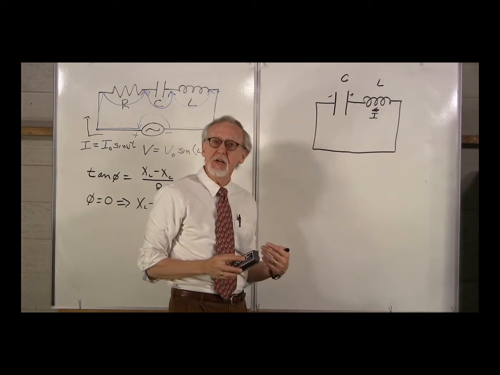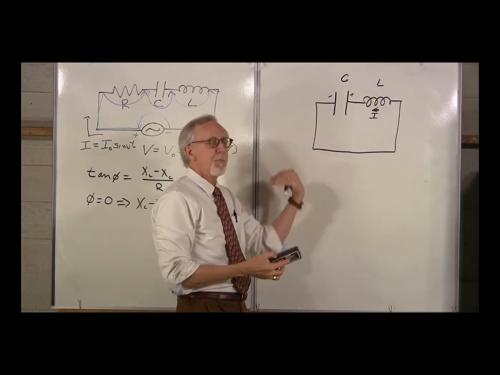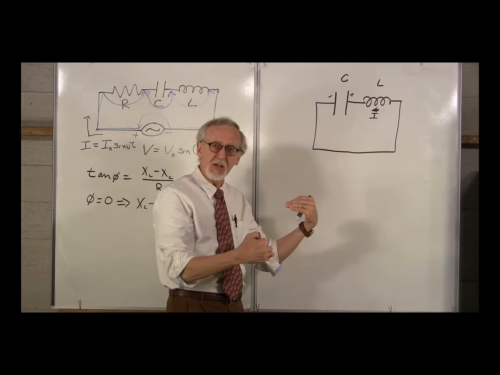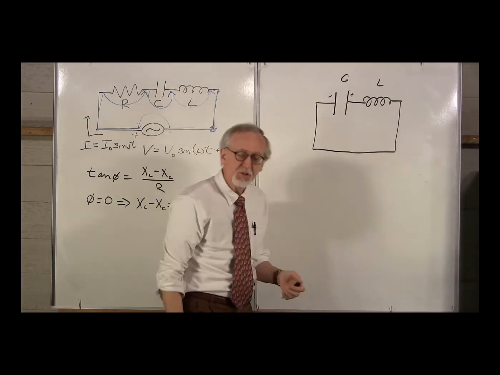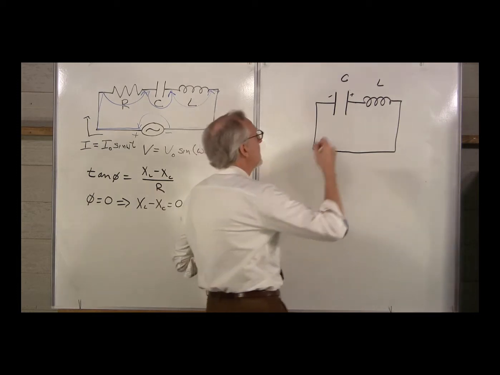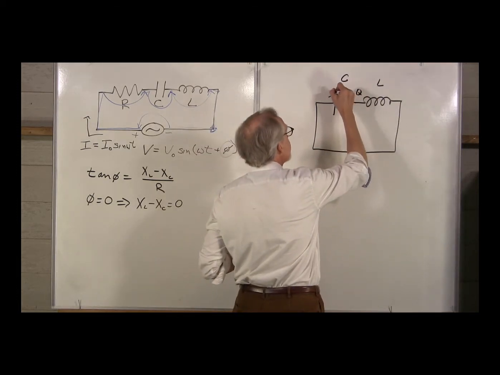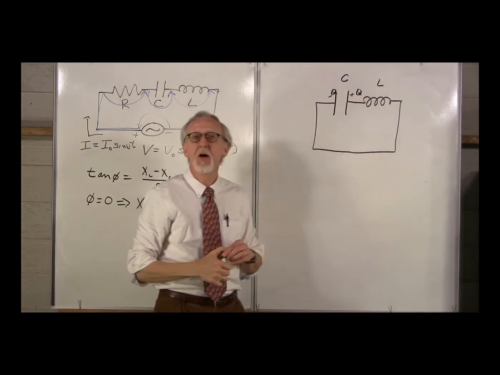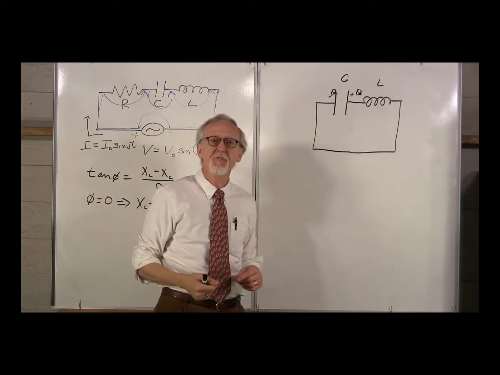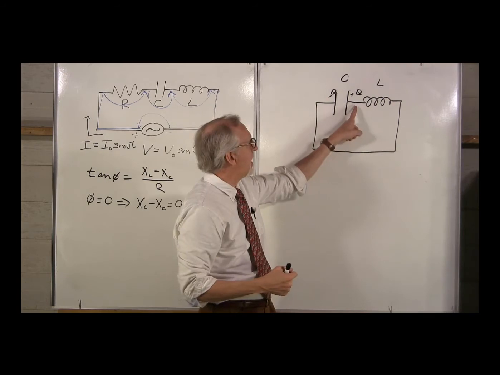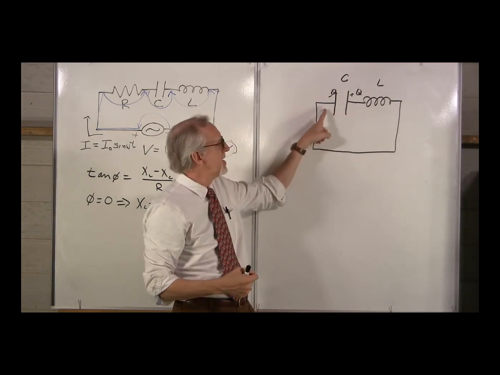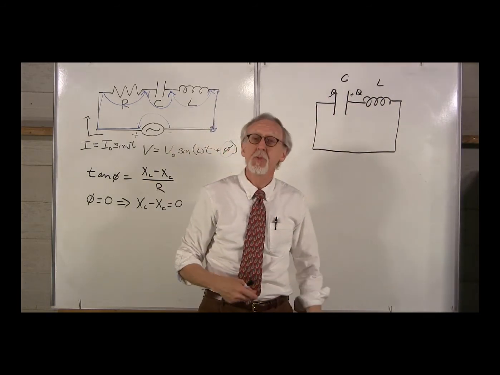And now the current decreases to just a little bit, but it's still charging up the capacitor. Finally, the current goes to zero, at which point the capacitor has completely charged up to the same charge it had before, but now in the opposite direction. We now have a positive charge on the right side, a negative charge on the left side.